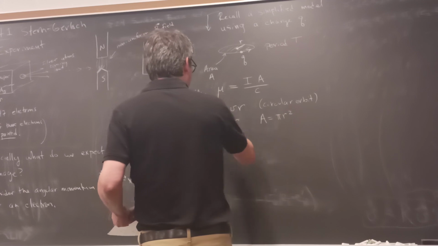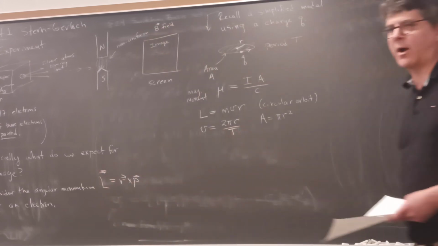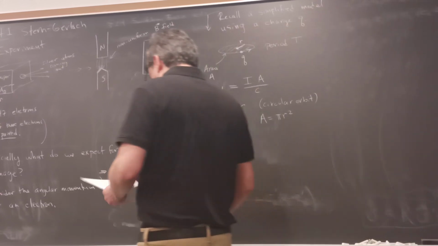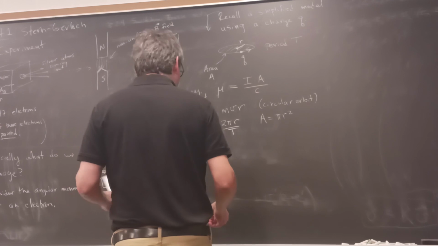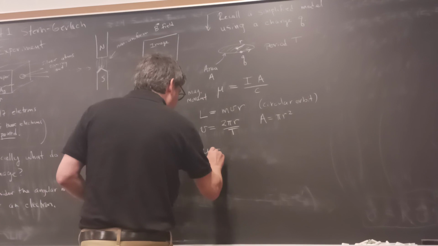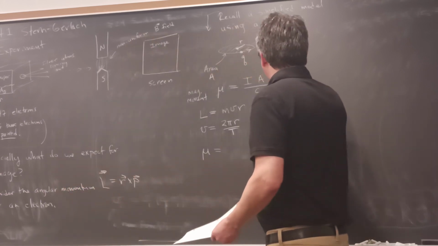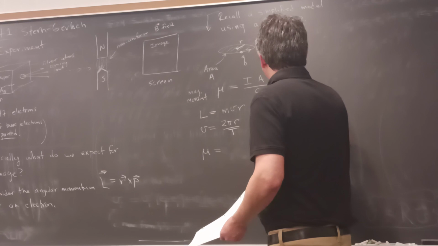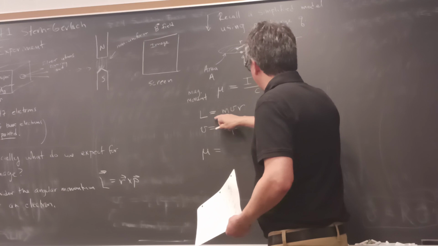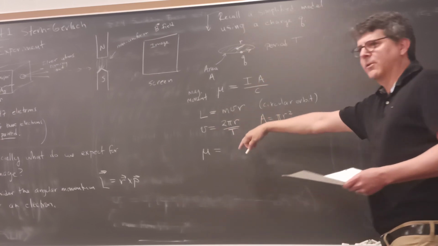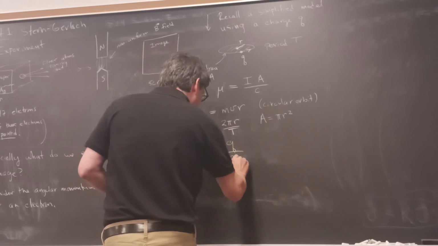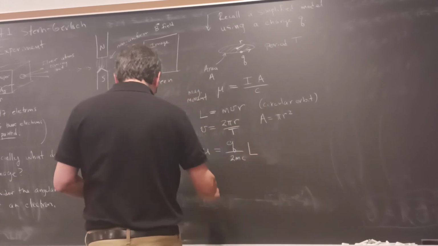So what we're trying to find is mu in terms of L. Now, the area here is pi r squared, and I want m v r in the numerator so that I can write this proportional to mu. You can do that with the variables here, it's just a little bit of algebra. So you get q over 2mc times L, the angular momentum.